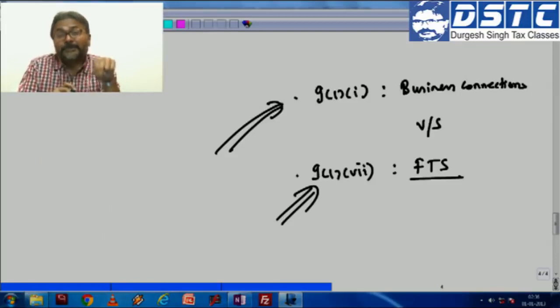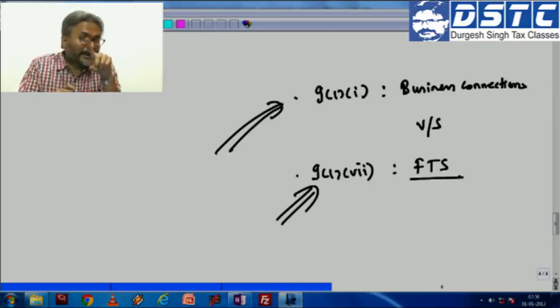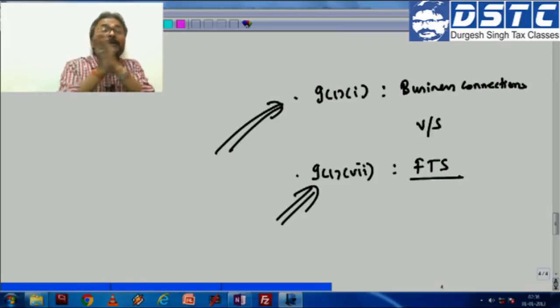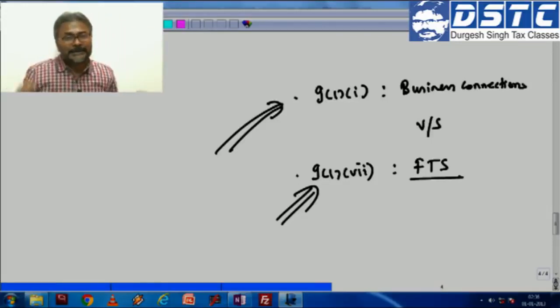And as per the treaty, be careful, if the income is in the nature of business income, then the resident country will be in a position to tax it.